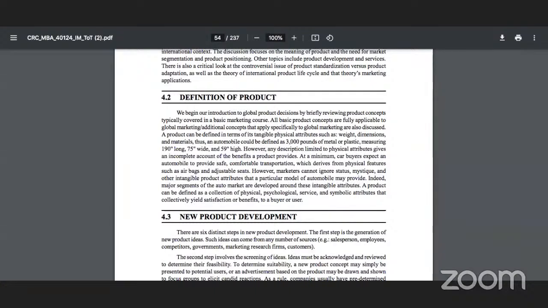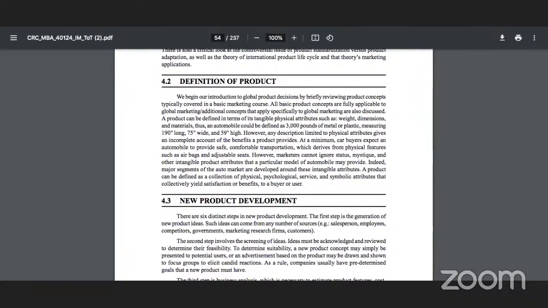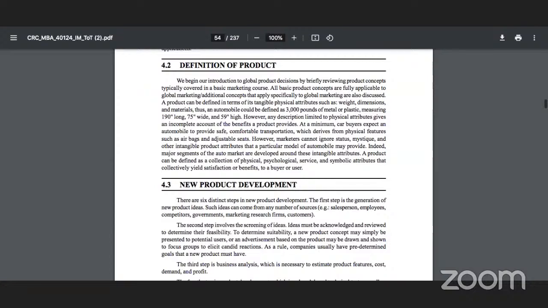That is because we are customizing a product so that it suits the local taste and preferences. There is also an important element that we need to consider, that it also depends on the product life cycle. Where does this product stand in the international market in terms of its product life cycle? That will also determine how much customization is required, in addition to the other micro and macro environment factors that we have discussed already.